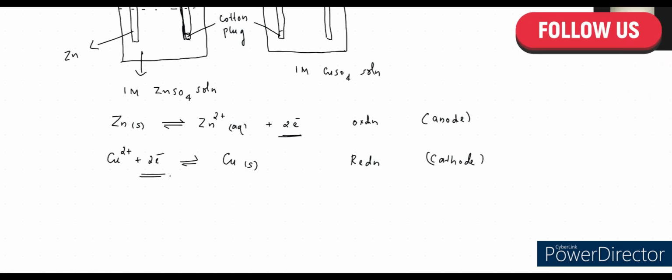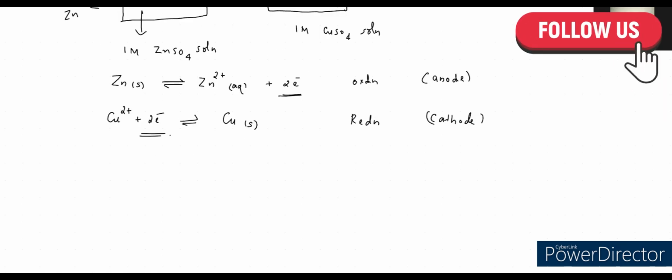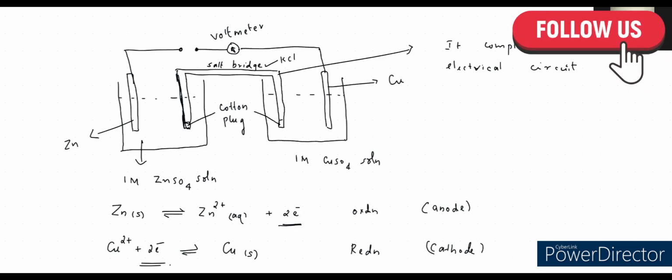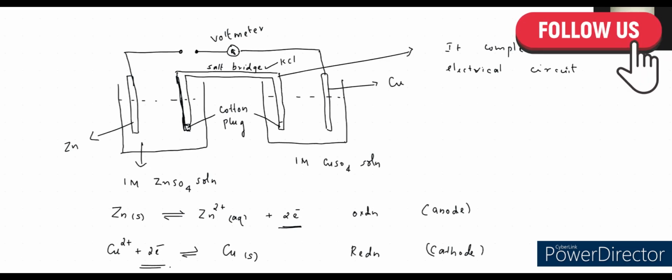Now, functions of salt bridge. Only one function I have mentioned as of now, that it completes the electrical circuit. What is the other function? Well, when zinc produces Zn2 plus ions in this 1 molar ZnSO4 solution, you are adding more and more Zn2 plus ions.